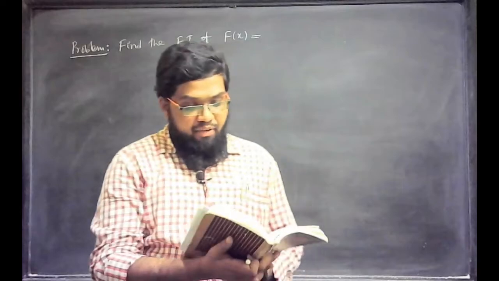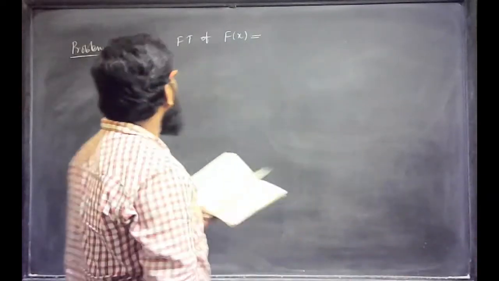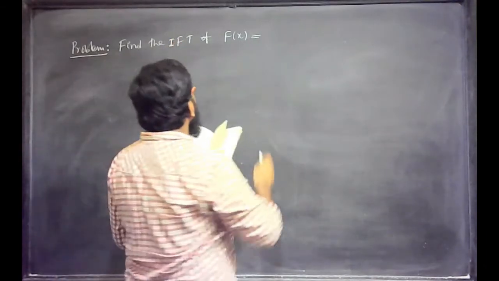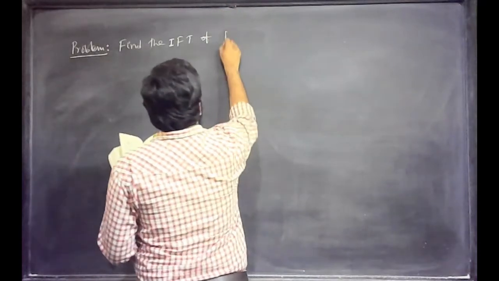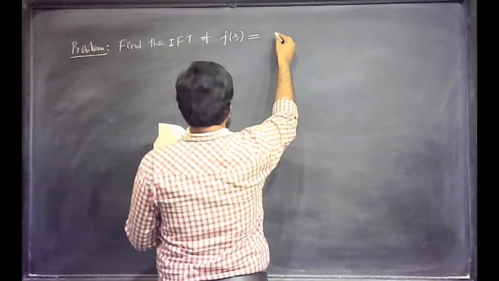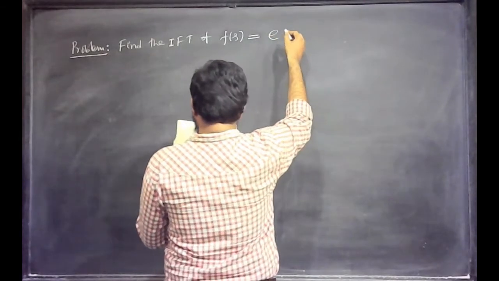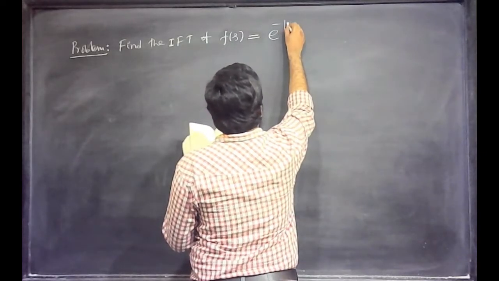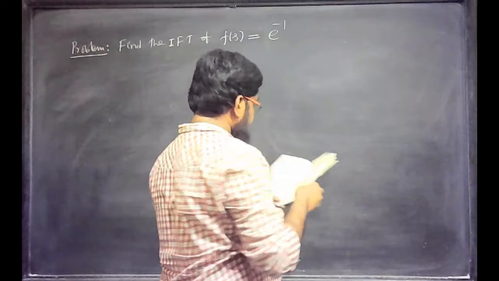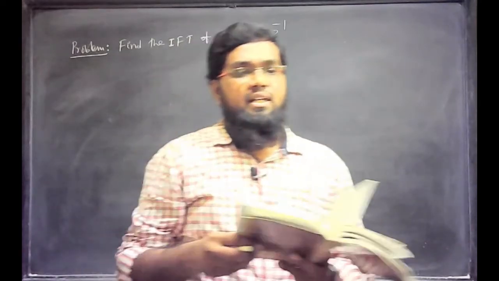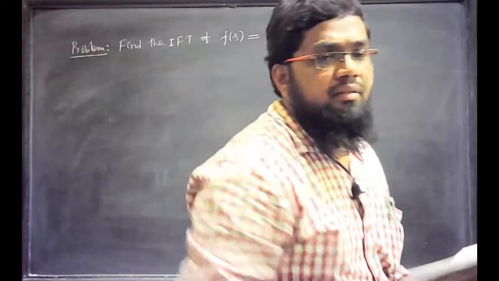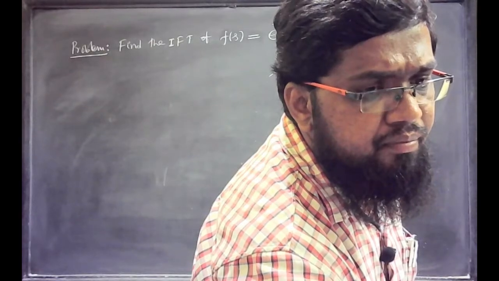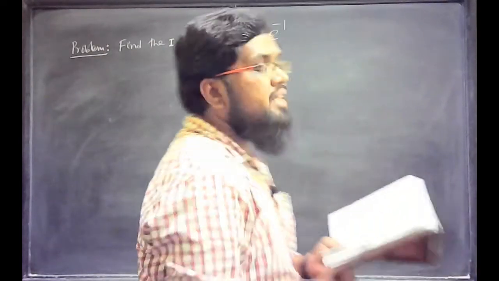So let's say the next problem will be: find the inverse Fourier transformation. Find the inverse Fourier transformation of the function f(s), where f(s) is equal to e power minus a modulus of s, where a is some constant, a parameter.